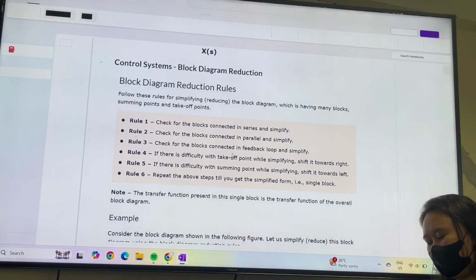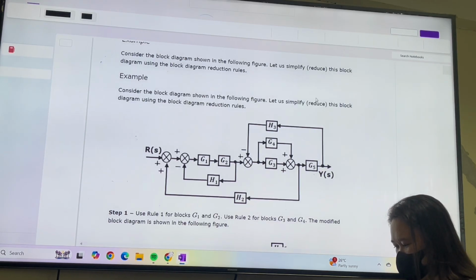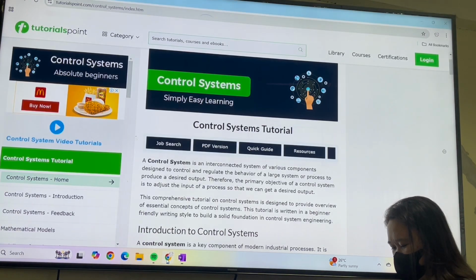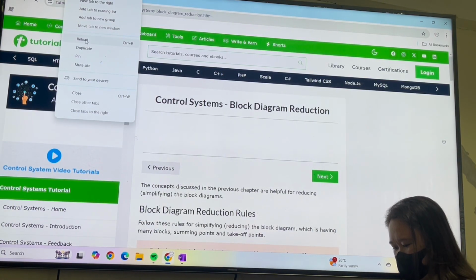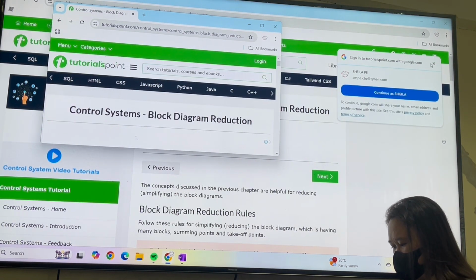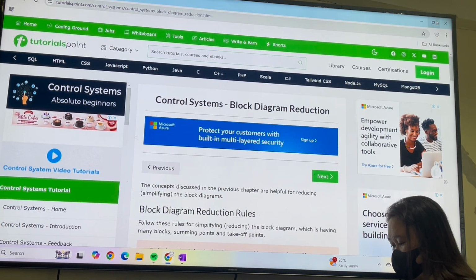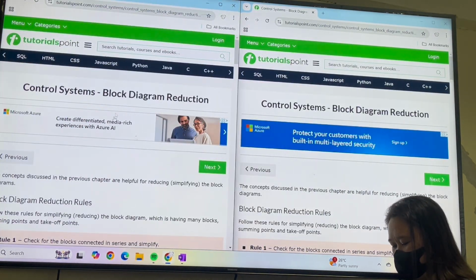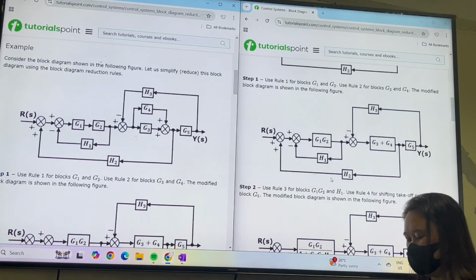Consider the block diagram below. Okay, so step number 1.